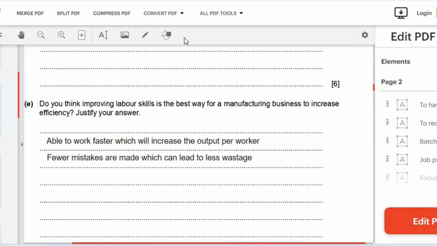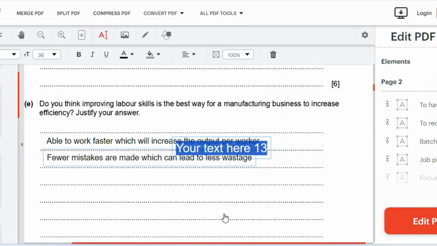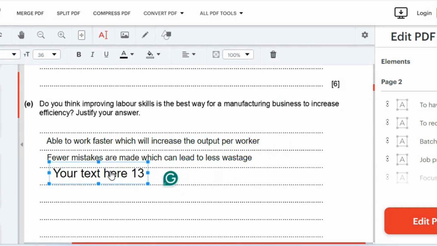Let's bring the point out: increased training cost can lead to an increase in the unit cost of the product.